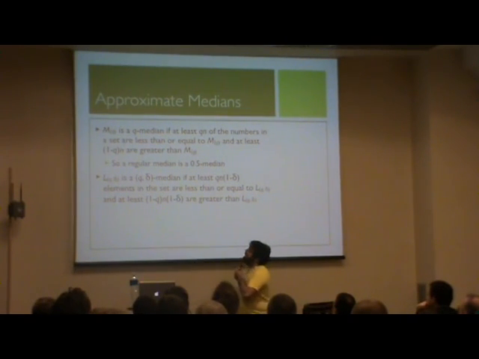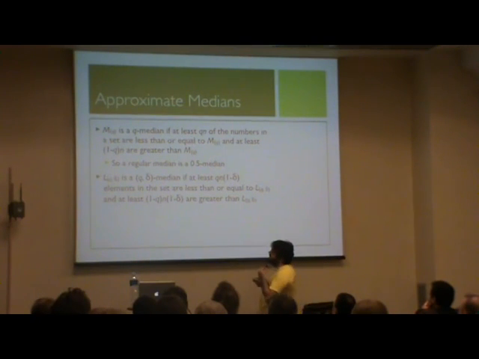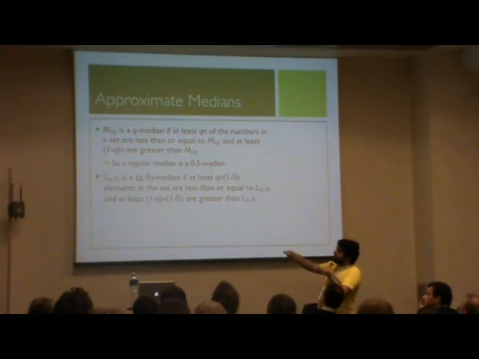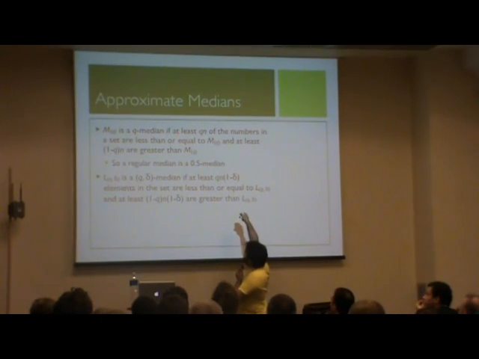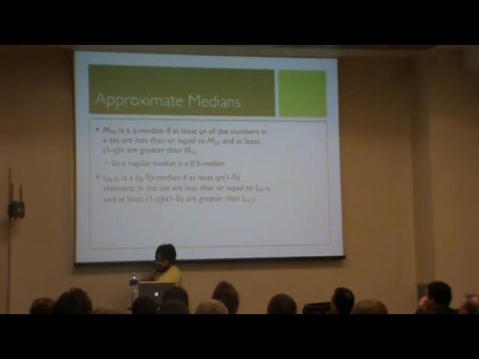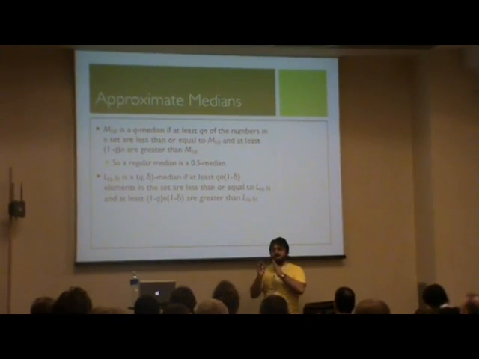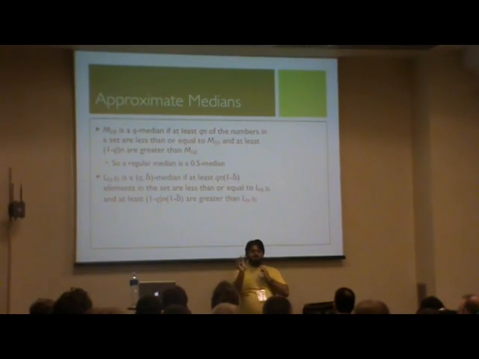And then we define a next approximation, that is a (q, delta) median, if at least (q minus delta)n are less than or equal to it, and similarly for those greater than it. So delta basically says, okay, it doesn't matter if it's exactly the median, I just care that it's close enough.